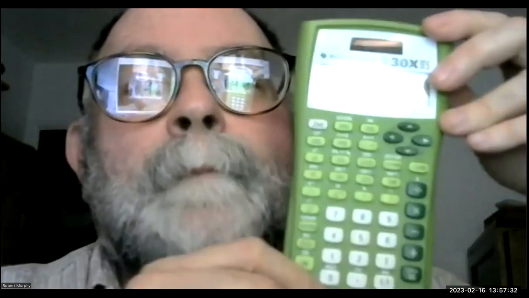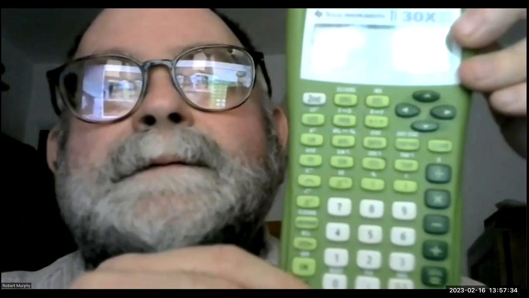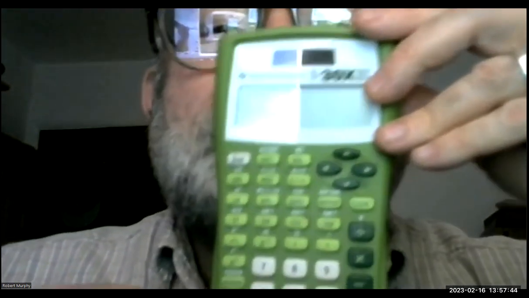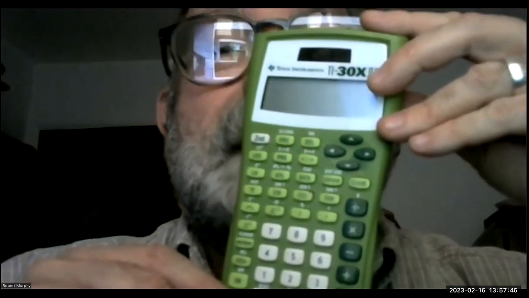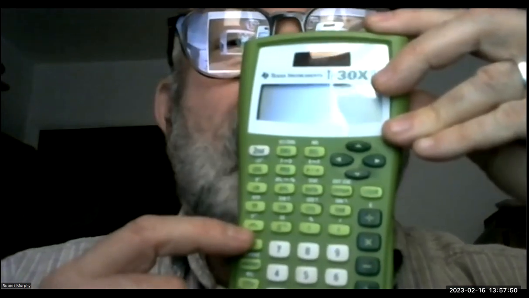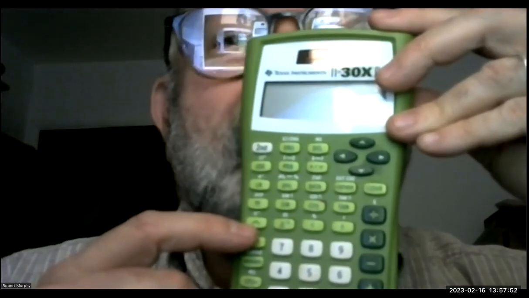Now, real quick, while we're looking at this thing, let me zoom in and out. The focus isn't great. I've got such respect for the video production people. Oh, right there. That's your exponent key, that goofy little caret thing.